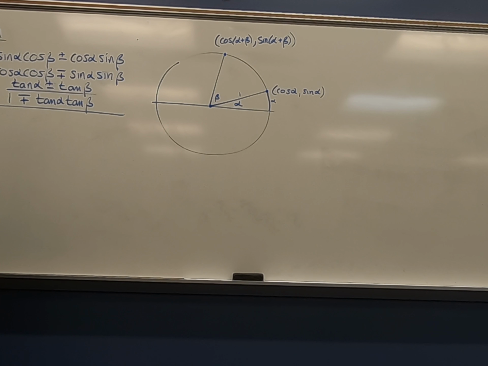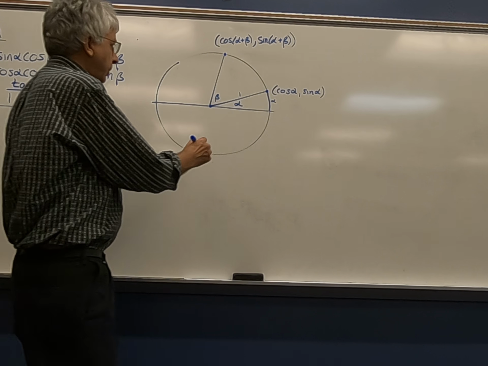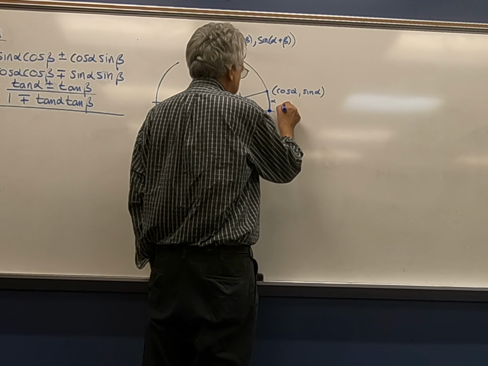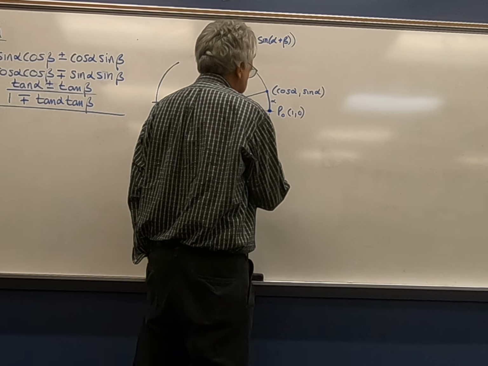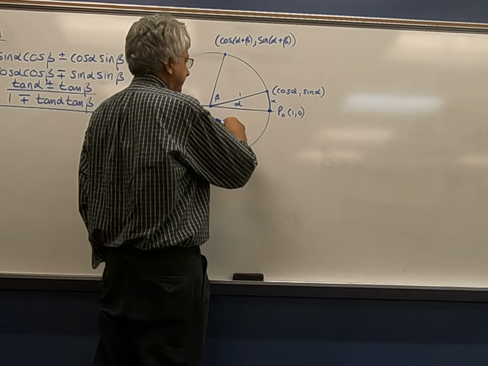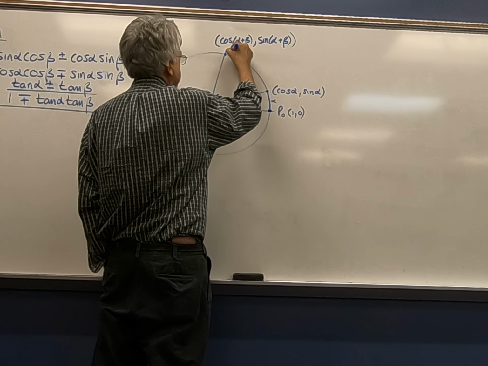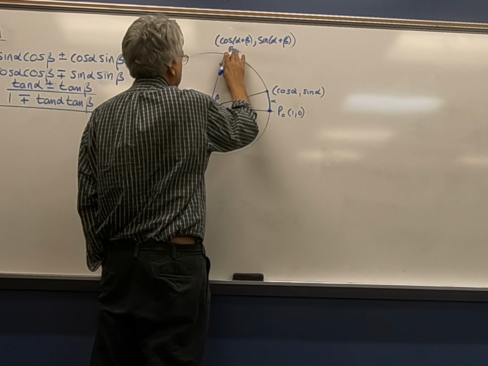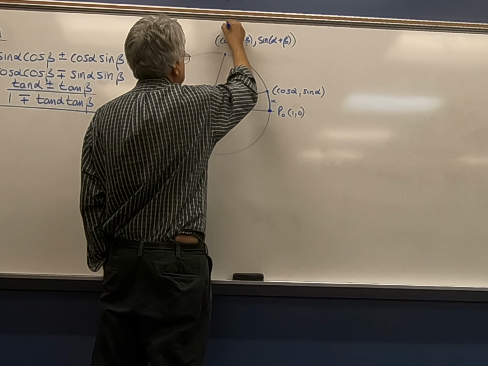Yeah, I guess that's one way of doing this, right? So if I have this point, which is P naught, is 1, 0, right? That's the starting point for dialing up your angle, and we dial up counterclockwise. And so if this is P1, well, let's label it up here, P1.